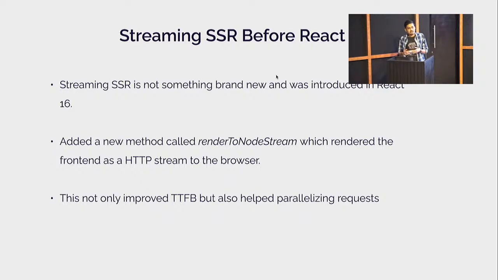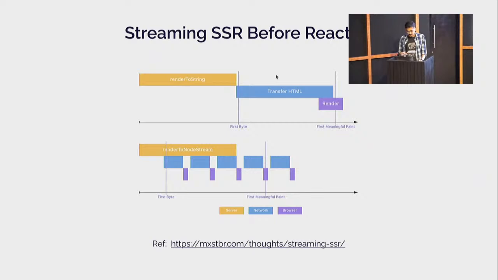It also helped parallelize requests, like the browser can start downloading the relevant JavaScript and CSS while it is being streamed. Max Stoiber wrote an article about 4 years ago about how they used this method at Spectrum and how it improved the performance.